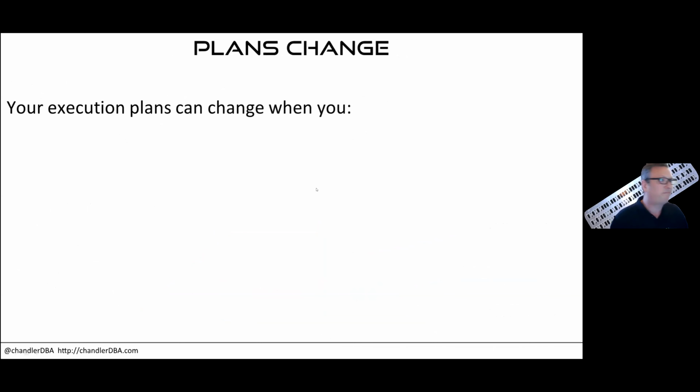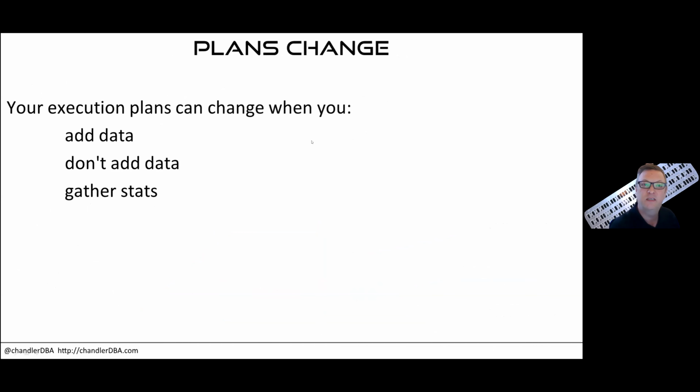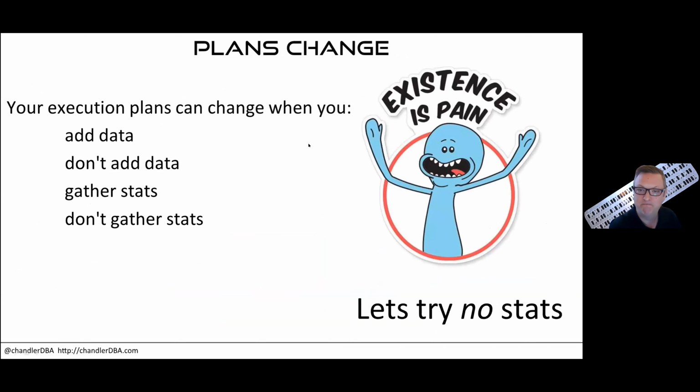Okay, so from those two examples we have learned your execution plans can change when you add data, they can change when you gather stats, they can change when you don't add data, and it can change when you don't gather stats. So let's try no stats.